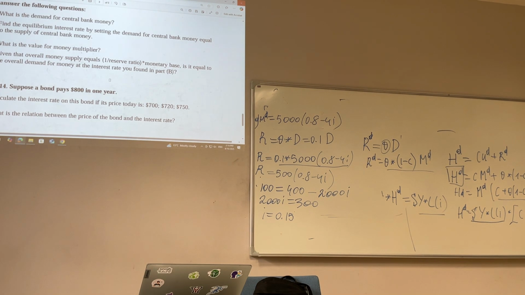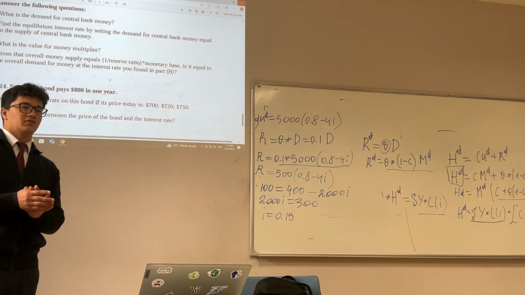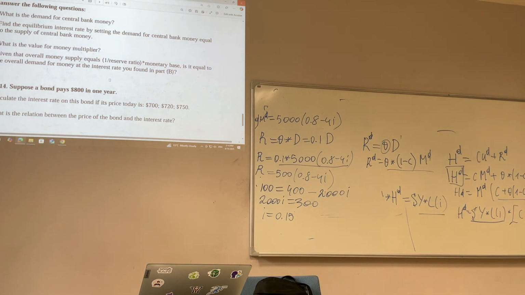And how much do we have? We have 5 trillion, right? Yeah, 5 trillion. So it's not enough because we are demanding 5 trillion, but in supply they have 1 trillion. That's how you're going to interpret this question.